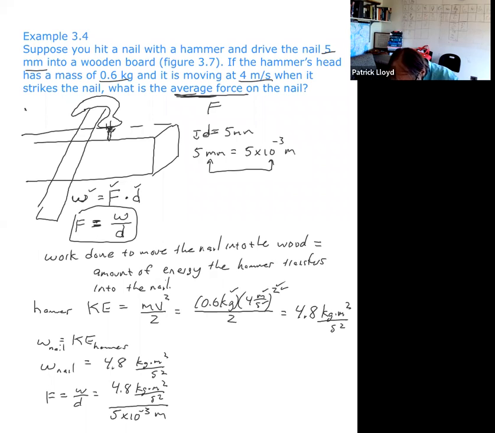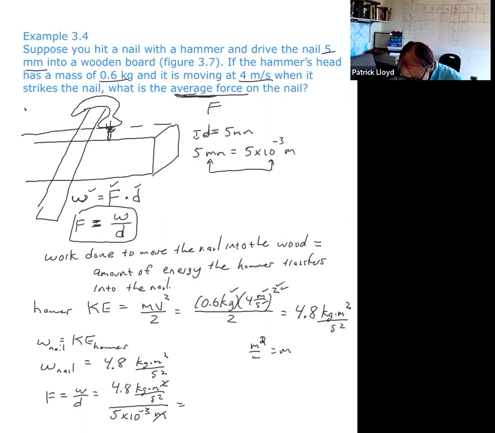In terms of units, one of those meters cancels with the one down there. We had meters squared over meters, so that's just meters. So now it's 4.8 divided by 5 times 10 to the minus 3. I think that comes out to about 960.